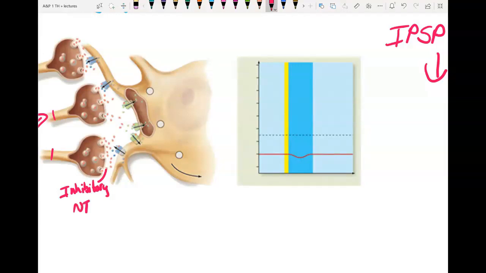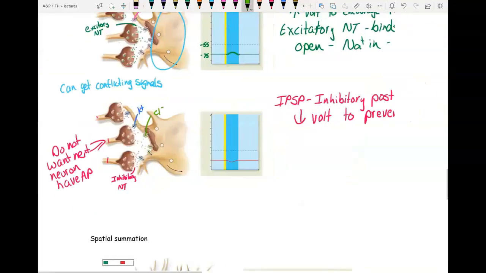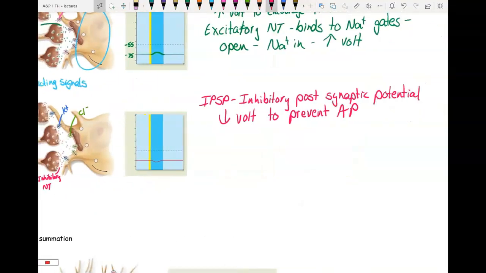And you can see by the color coding of the gates that inhibitory neurotransmitter is going to open the potassium gates and the chloride gates. So to have an IPSP, you have inhibitory neurotransmitter.